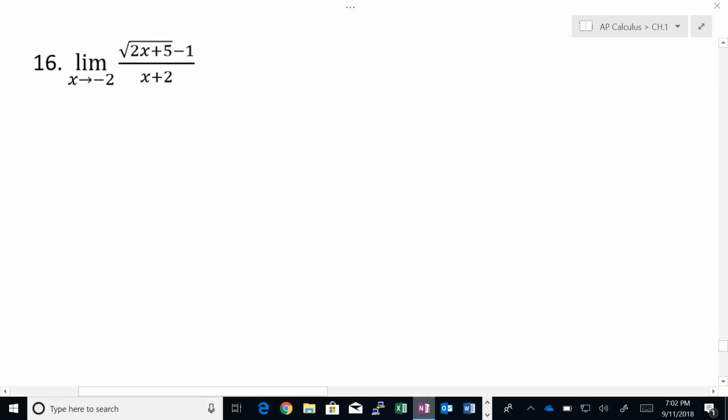All right, so what you do is you multiply top and bottom by the conjugate. If this is a negative, you put a positive here, all over, and you've got to multiply top and bottom by the same thing.